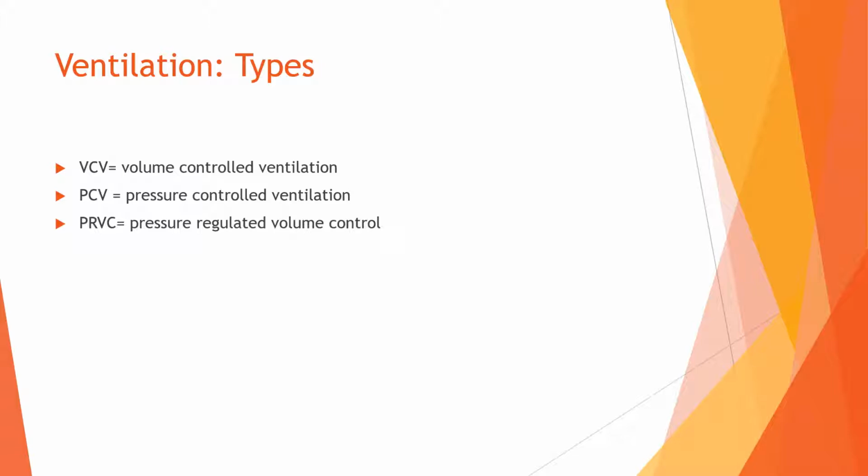The ventilator monitors each breath, comparing the delivered tidal volume with the set tidal volume, and then adjusts the inspiratory pressure to achieve that set tidal volume. If the delivered tidal volume is too low, then the inspiratory pressure of the next breath is increased, and if it's too high, the pressure of the subsequent breath is decreased. The advantage is that this is a continuous response to a change in airway compliance, because with each breath it can change the pressure. But the disadvantages can be hyper or hypoventilation when there are changes in lung resistance or compliance.